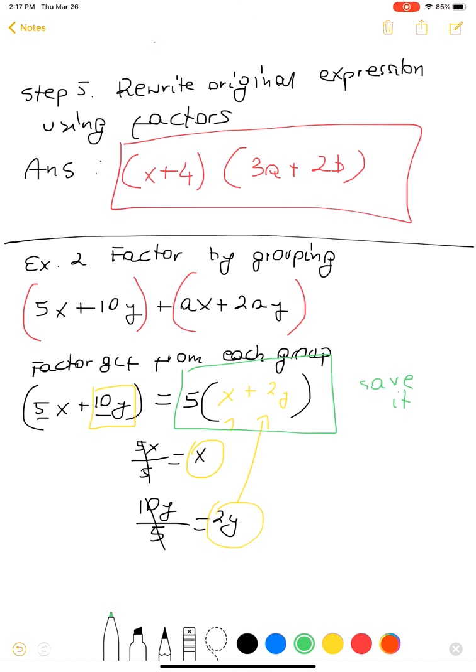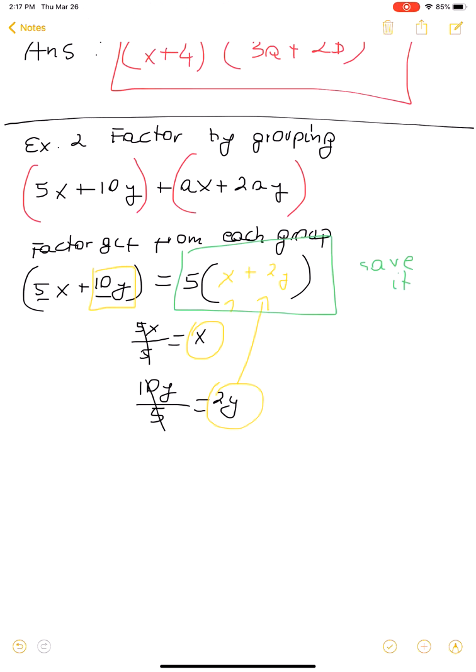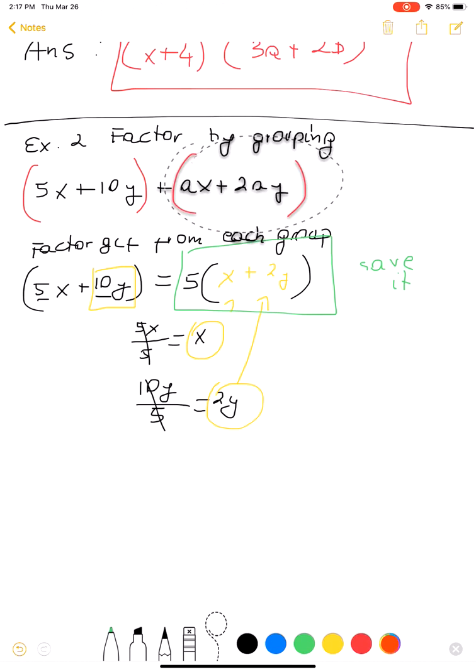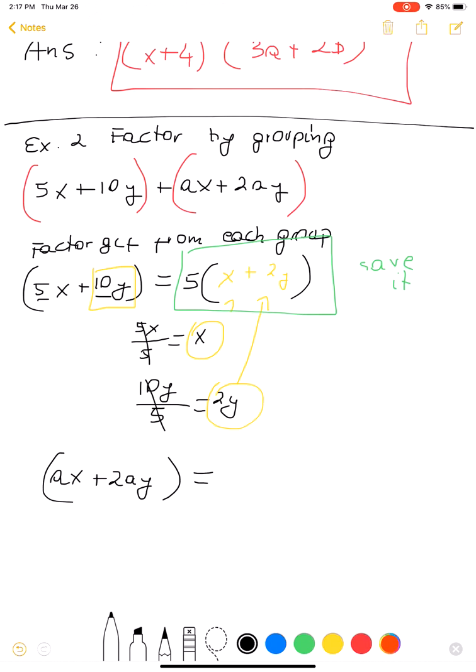Okay, we're going to do the same thing with the second group right here. Ax plus 2ay, we're going to factor out the GCF. The GCF between ax and 2ay is going to be a only.